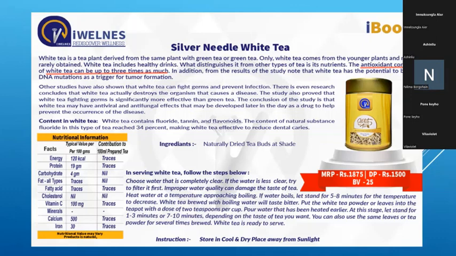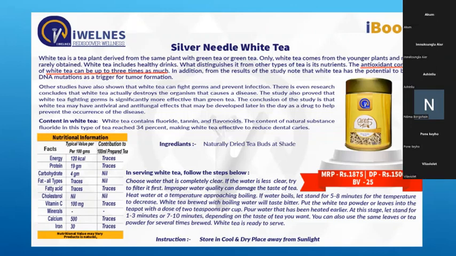The rust will form. In the long run, the iron becomes a powder. If you put an iron rod in the soil or somewhere else, in the long run the rust will form and it will be destroyed. In the same way, all our free radicals can be prevented.